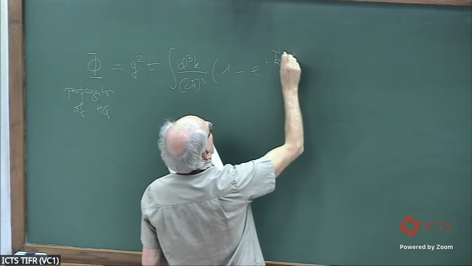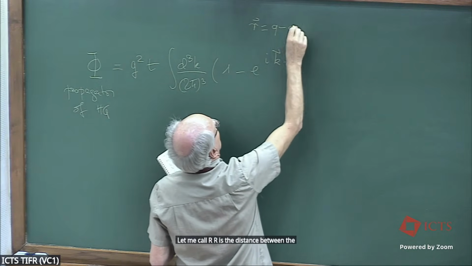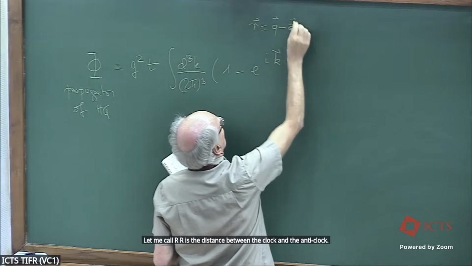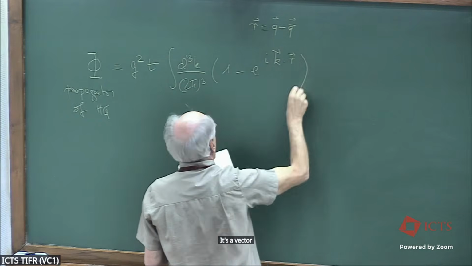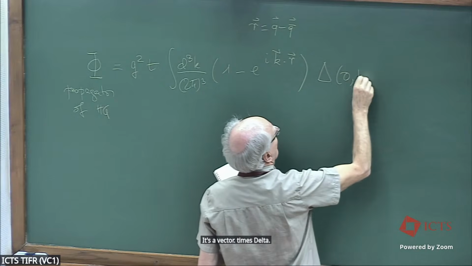Let me call r. R is the distance between the quark and the antiquark. It's a vector, times delta of omega and k.